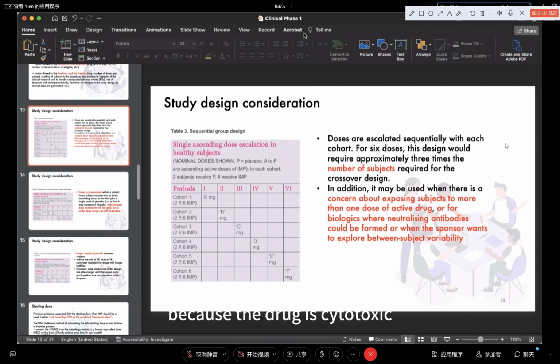Why? Because the drug is cytotoxic, which means it not only kills the target cancer cells, it could also kill other bystander innocent cells. Those are the situations where you don't want the drugs to stay too long in the body. So the toxicity matters.